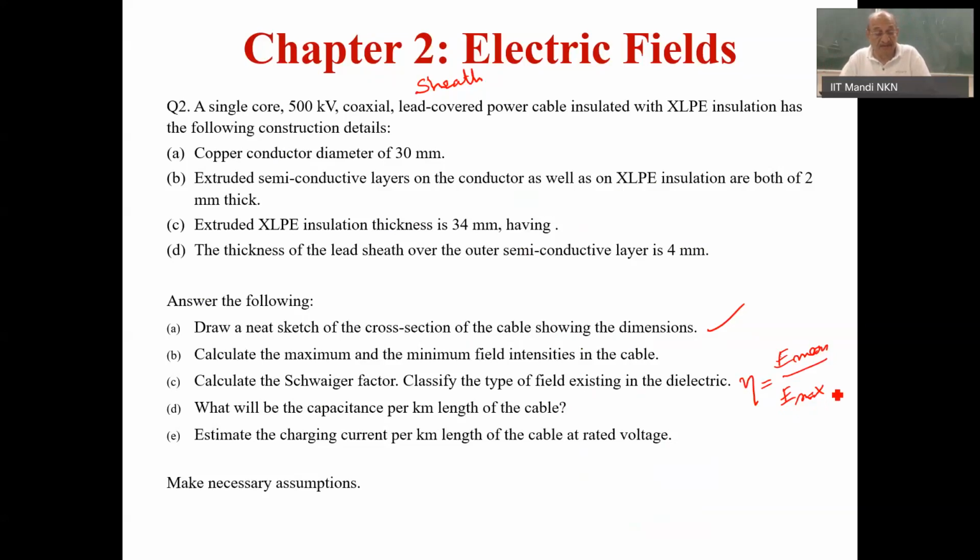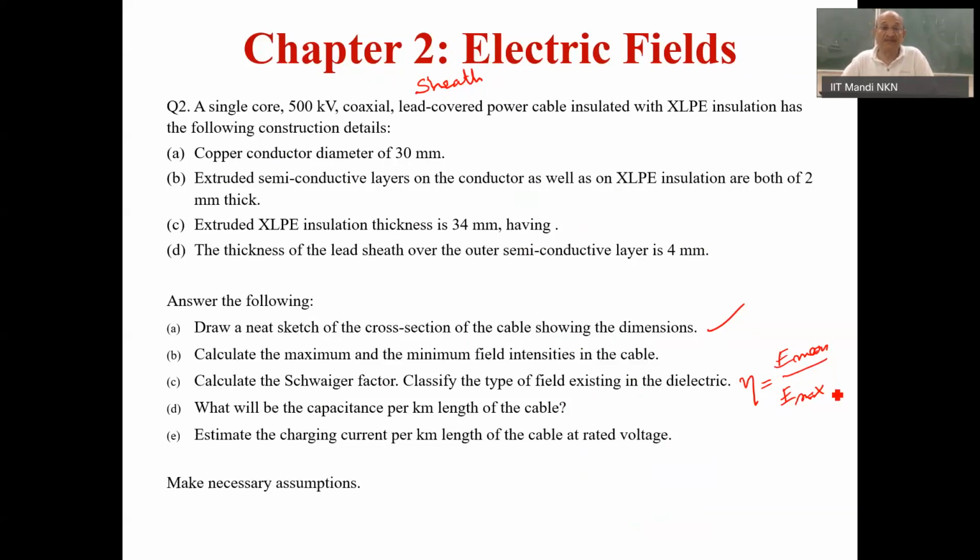And when you are working in RMS value, everything will be in RMS value. But you have to carefully determine U. What is the U here? It is the potential across the dielectric, the potential difference across the dielectric.